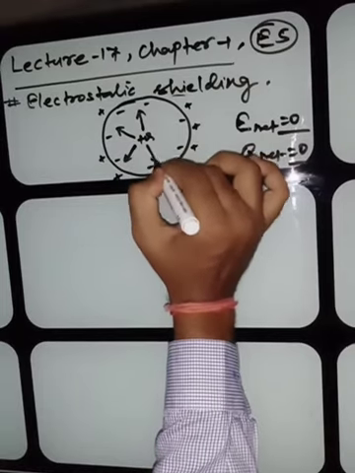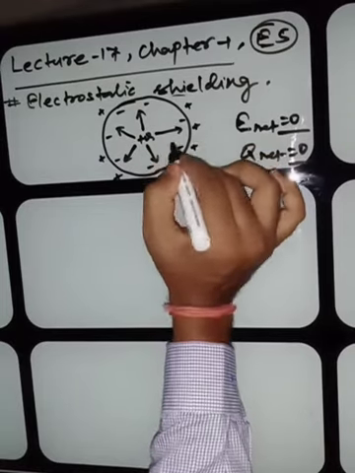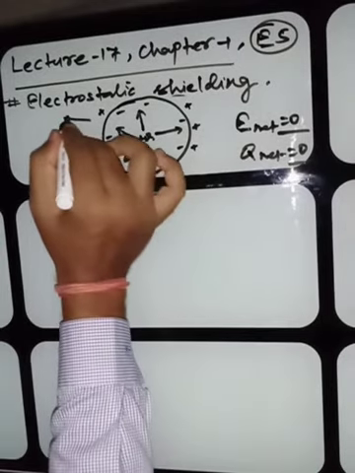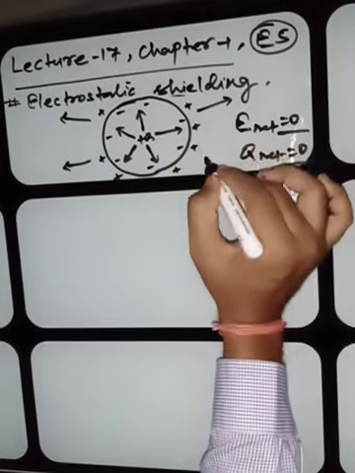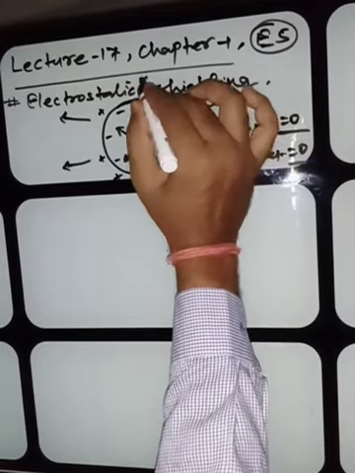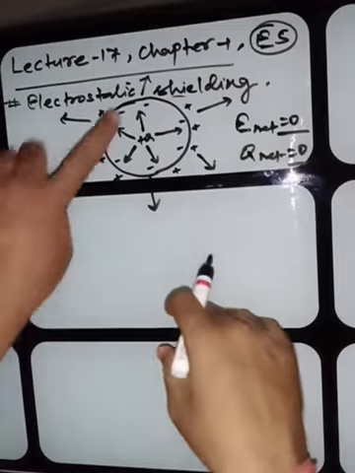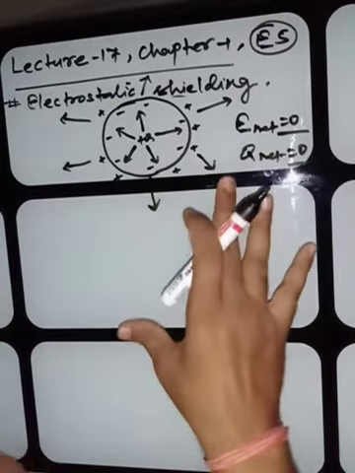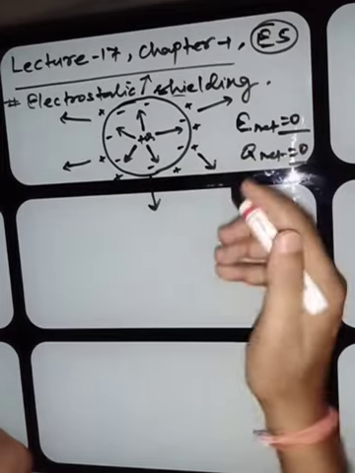Positive to negative, and for the positive charge the field lines will be outside, in this way. Remember, all the field lines should be perpendicular to the surface of the conductor. We have studied this in detail.